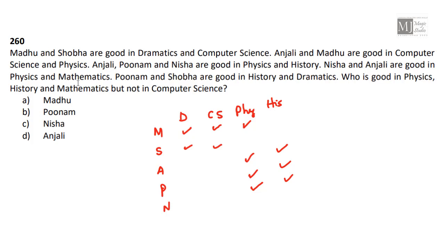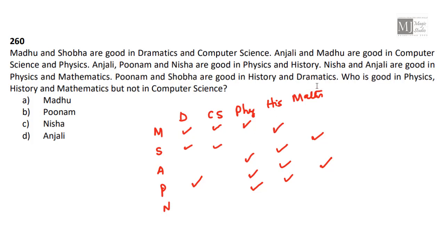Nisha and Anjali are good in physics and mathematics. Nisha is good in physics, Anjali is good in physics and also in mathematics. Anjali is good in maths, Nisha is also good in maths. Poonam and Shobha are good in history and dramatics. Poonam is good in history and dramatics.